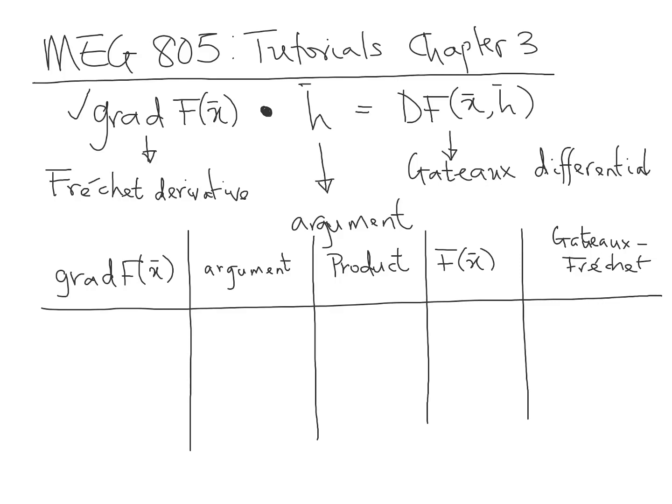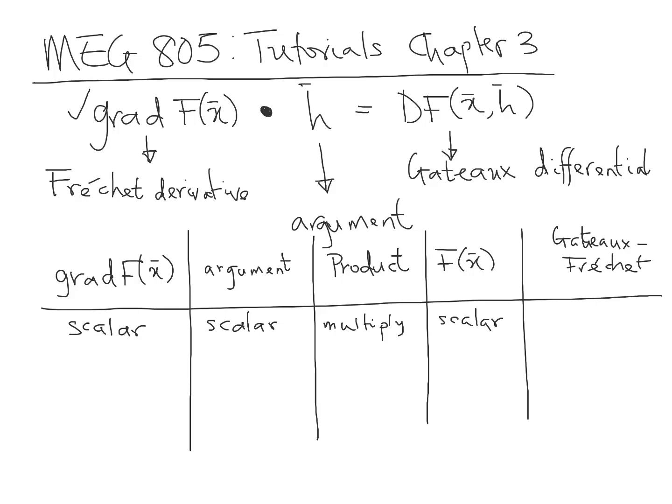So if grad f of x is a scalar and the argument is a scalar, the product that we have is the normal scalar multiplication. That means the function is going to be a scalar.